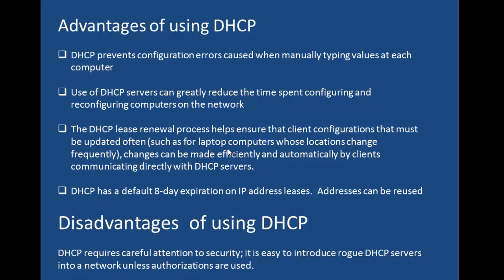So you have to be careful and make sure that when you're setting up that DHCP server is authorized to give out network addresses on the network. So I would suggest that if you are setting up a large network with lots of client computers, that you make use of DHCP addresses.